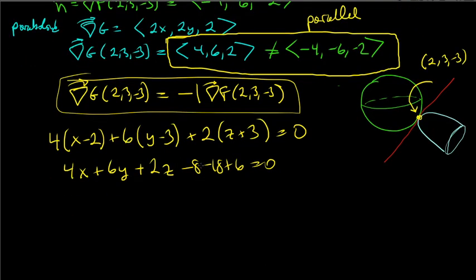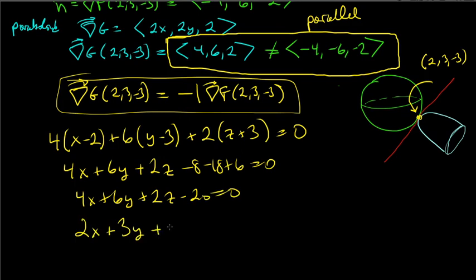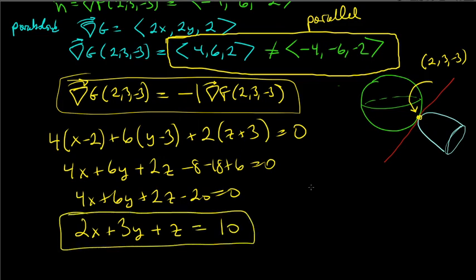So negative 26 plus 6 is negative 20. And why don't we just divide by 2? And then add the 10 to both sides. So that is the common tangent plane to both surfaces. They both have the same tangent plane.